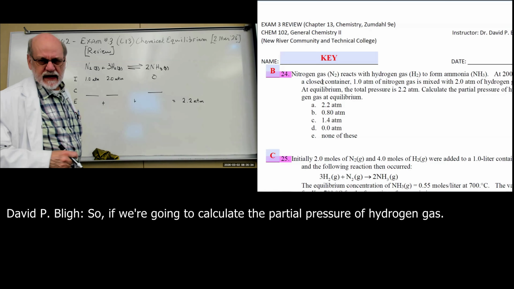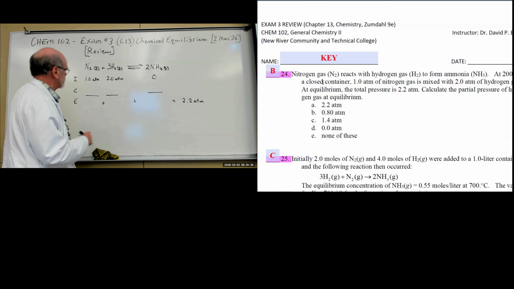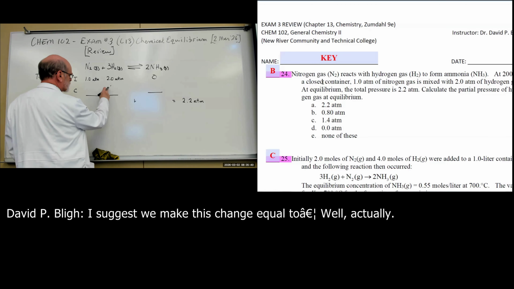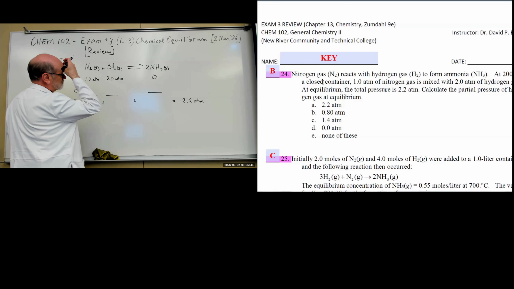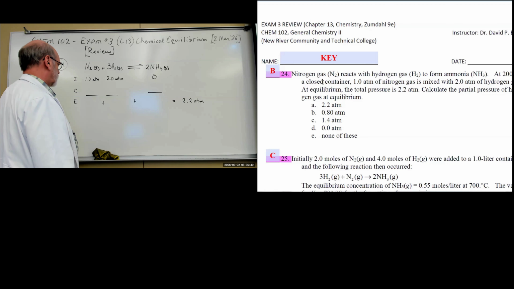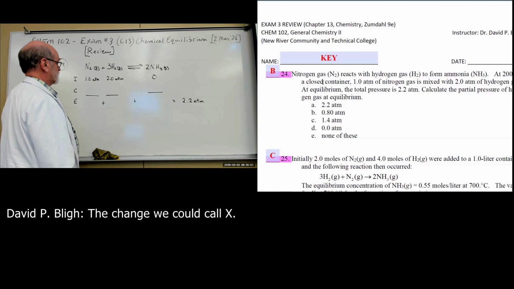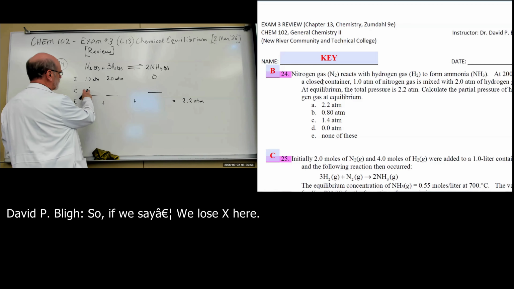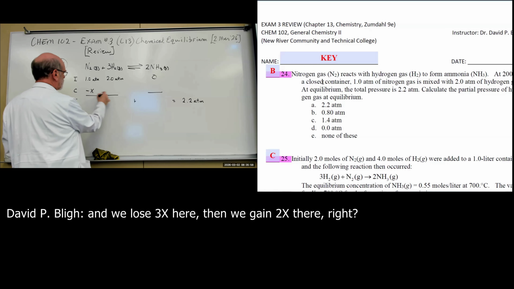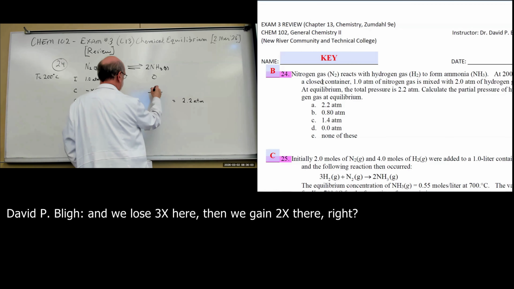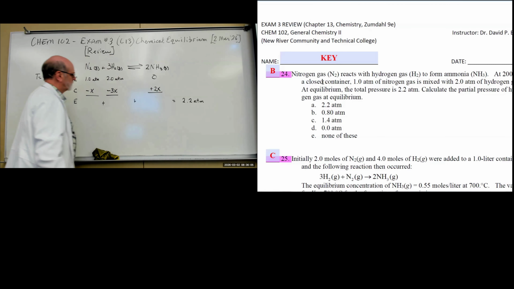So if we're going to calculate the partial pressure of hydrogen gas, I suggest we make this change equal to, well, actually, the change we could call X. So if we say we lose X here and we lose 3X here, then we gain 2X there, right?